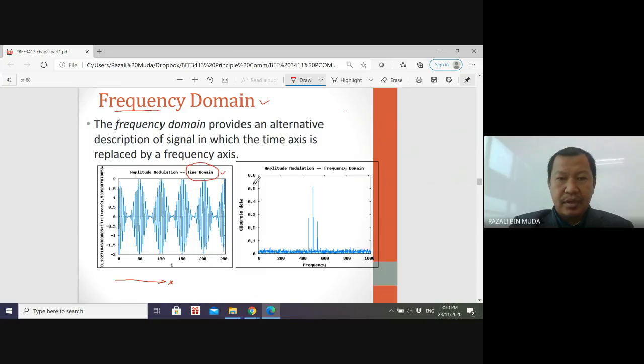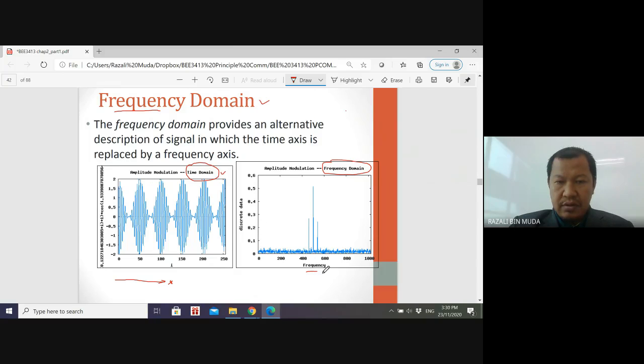But the vertical axis still represents the amplitude of the signal. So now we will discuss further about frequency domain. We have this amplitude and frequency.